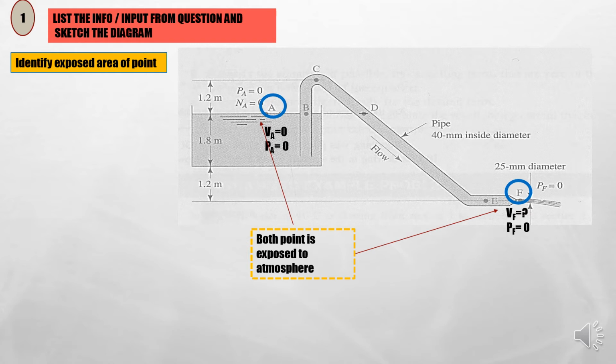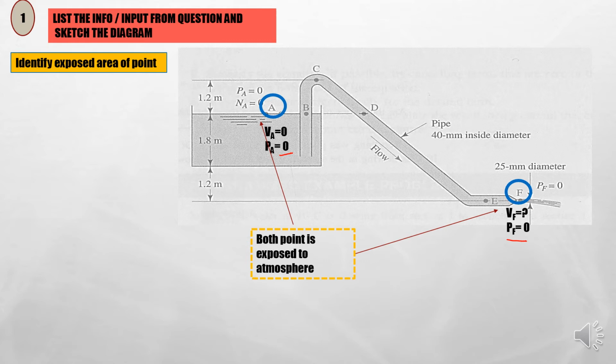Therefore at point A, we can assume PA equals 0 because it is exposed to the atmosphere, and the same for PF, because it is at the end of the nozzle and exposed to the atmosphere. So we can assume PF equals 0. Next is VA.